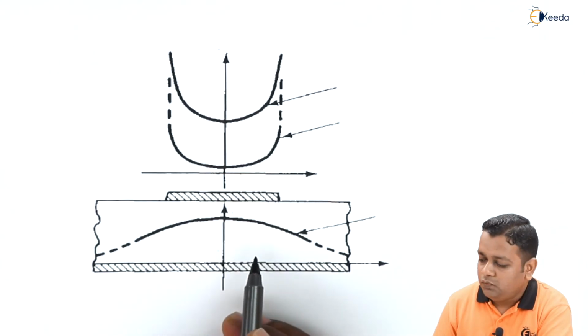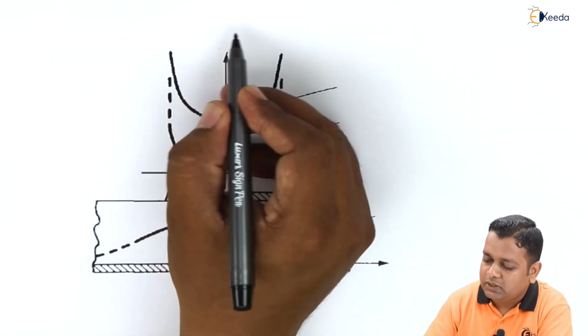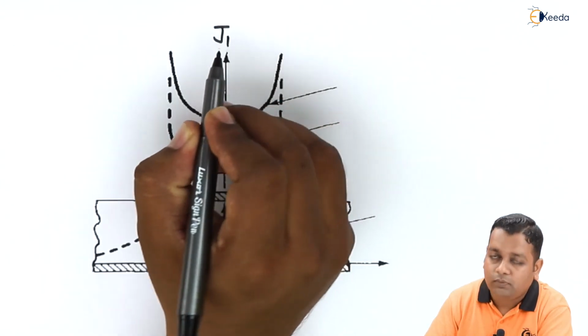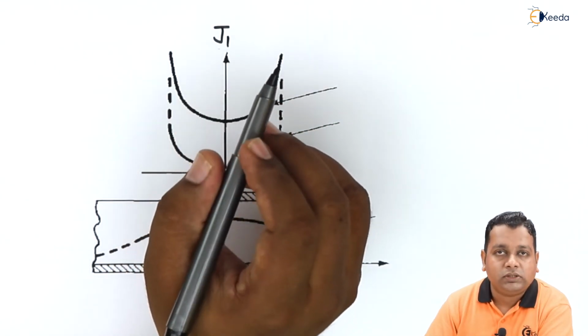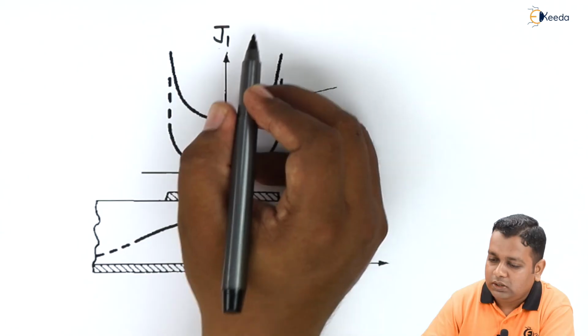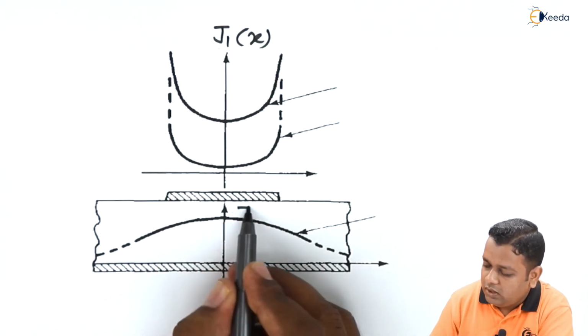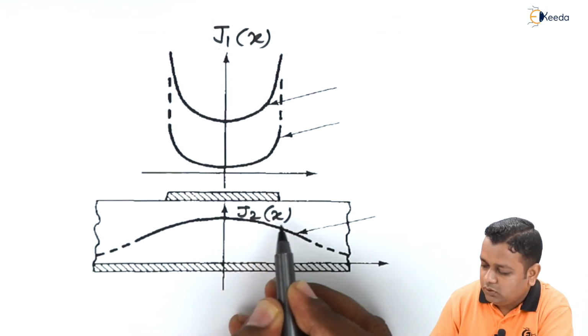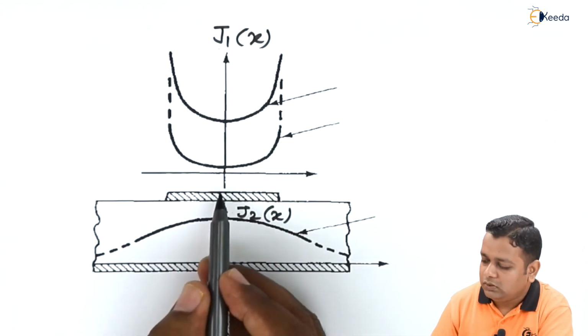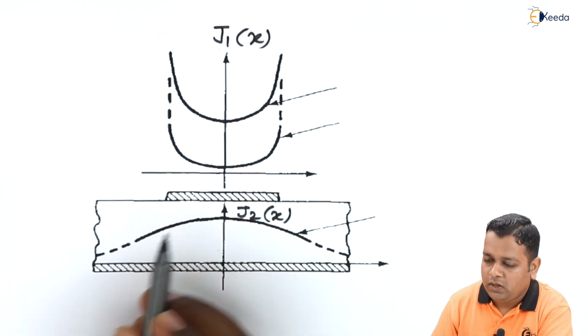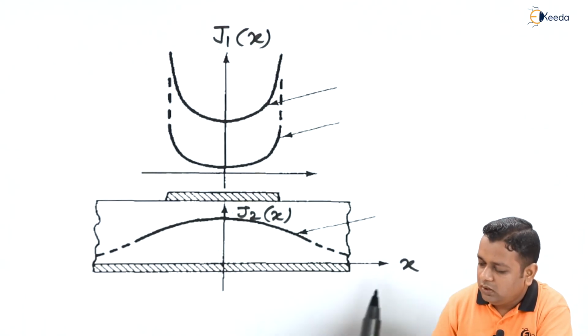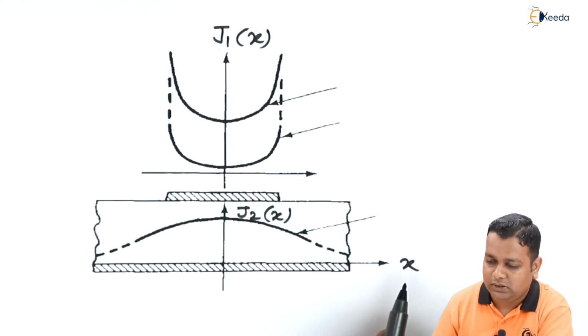We take the vertical axis to represent the two types of cross-sectional current densities: J1 as a function of x for the strip conductor, and J2 as a function of x for the ground plane. On the horizontal axis we take the distance parameter x.